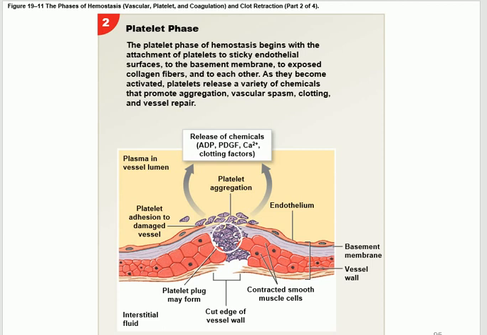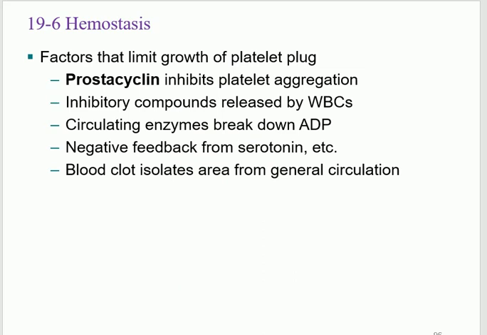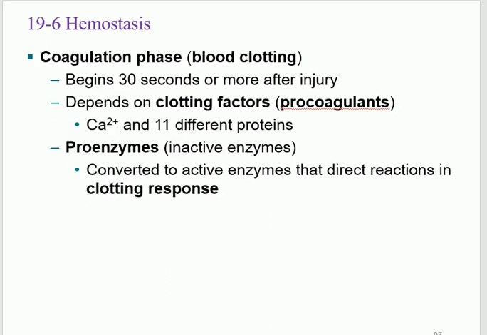If you just touch, it will open again. It's just a temporary seal. And the chemicals are going to be released, and it will go to the next final stage, which is the coagulation phase.